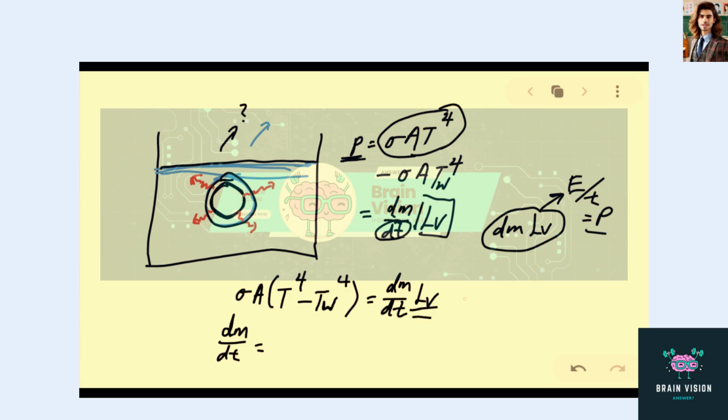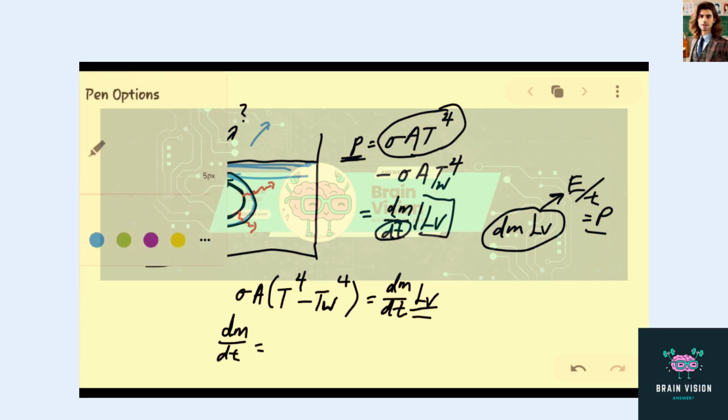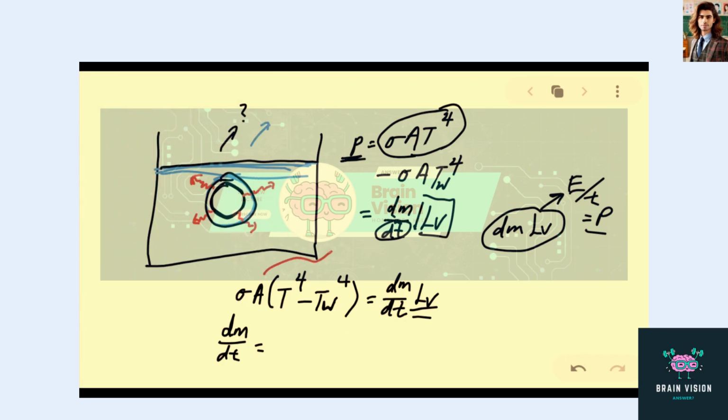We just have to divide by the latent heat of vaporization, and we can replace the surface area A with 4 pi r squared, where r would be half of the diameter that's given, so that's 0.12 meters.